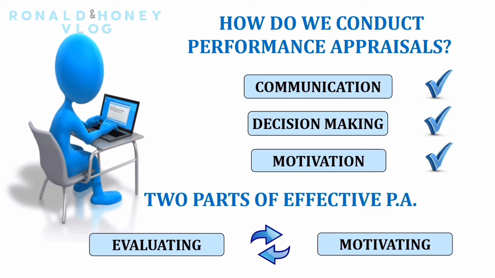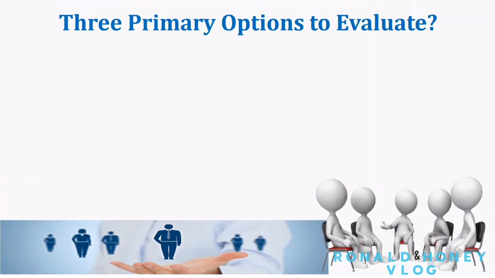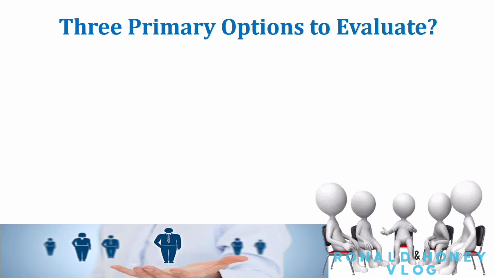While on the other hand, motivating or motivation is how you are going to encourage your team to strive hard in achieving their goals in the organization. And the next thing is we have here the 3 primary options to evaluate.